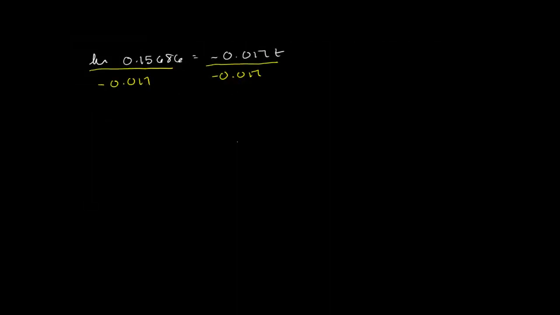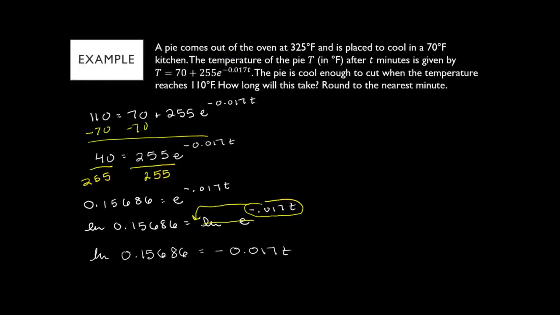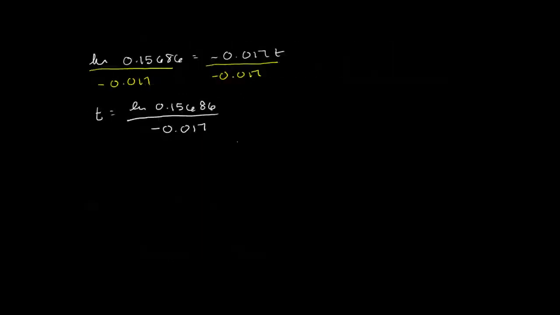That's the other thing. Make sure you have the right number of zeros. So t is equal to the natural log of 0.15686 divided by negative 0.017. Let me just double check that all my numbers are right. Yep. And so now we're going to put this in our calculator.